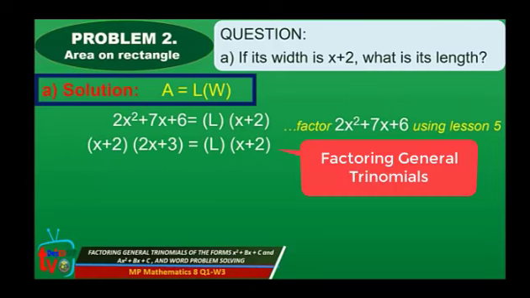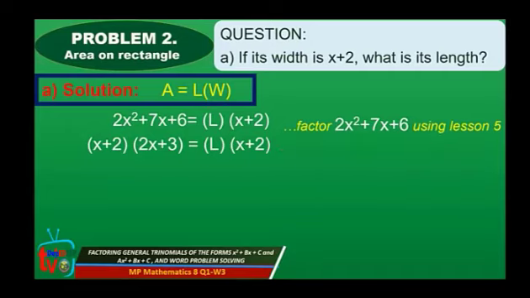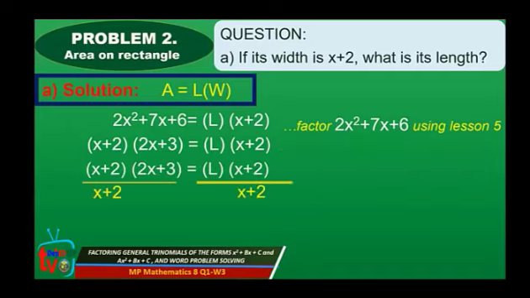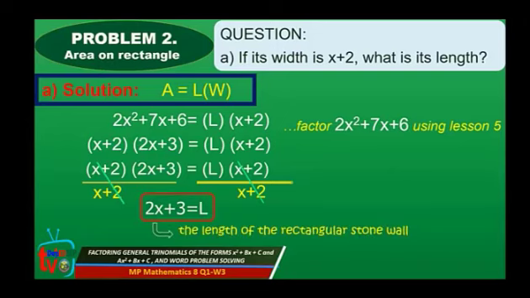Then after this, divide both sides by x plus 2 to solve for L. Or we cancel x plus 2 and x plus 2, and also on the other side. So from here, L, or length, is equal to 2x plus 3. Therefore, the length of the rectangular stone wall is represented by 2x plus 3.